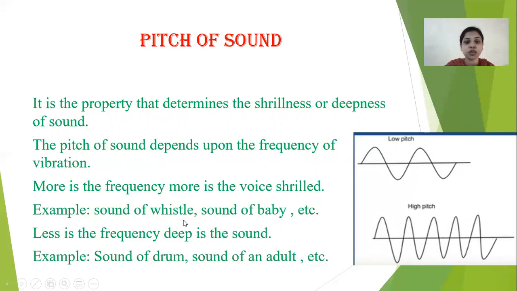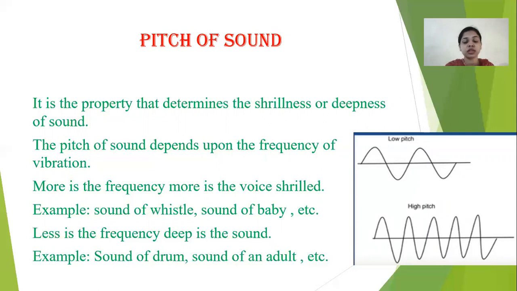For example, the sound of a whistle, the sound of a baby, etc. These are examples of low pitch and high pitch. Simply we can say that pitch depends on the frequency. If the frequency is more, the pitch is more, and the sound is shrill. But if the frequency is low, the pitch is low, and the sound is deep.